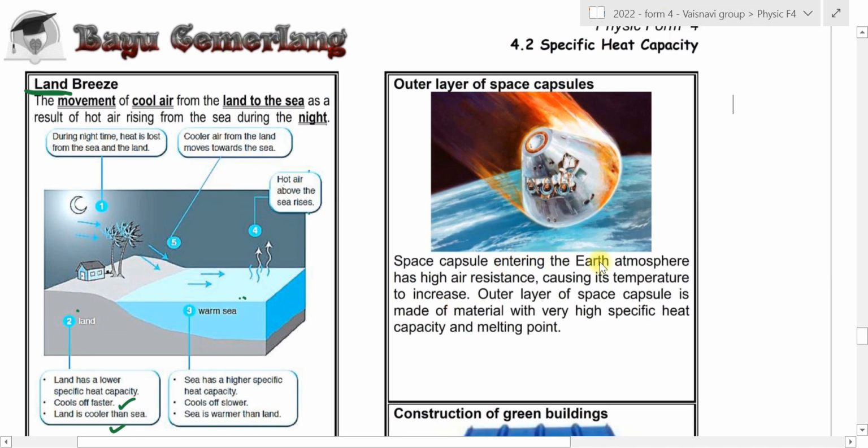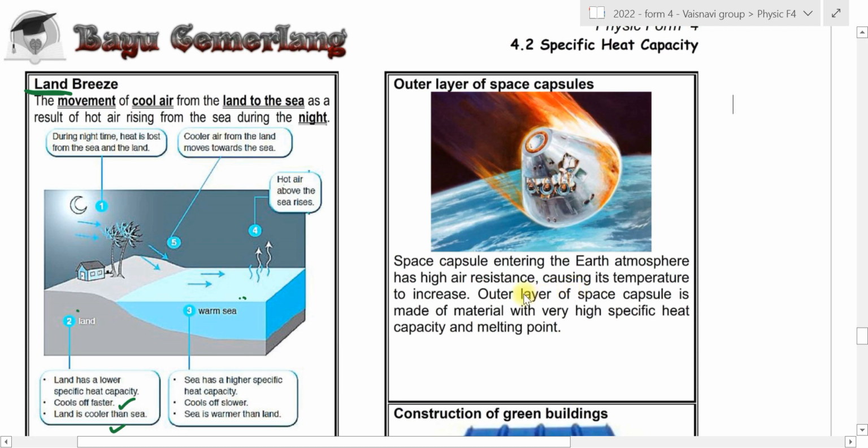Space capsule entering the Earth atmosphere has higher air resistance, causing its temperature to increase. The outer layer of the space capsule is made of material with very high specific heat capacity and melting point, so that it not easily burn lah.